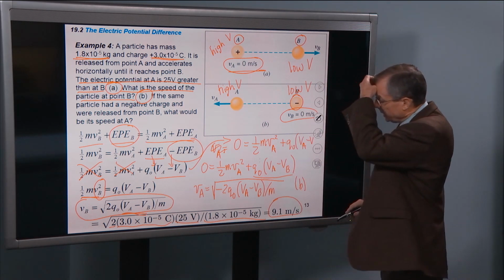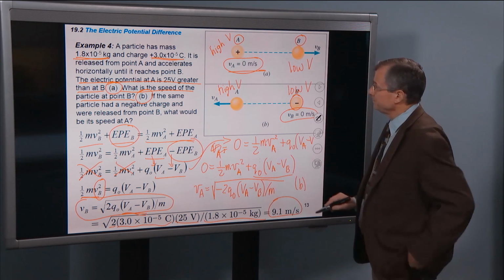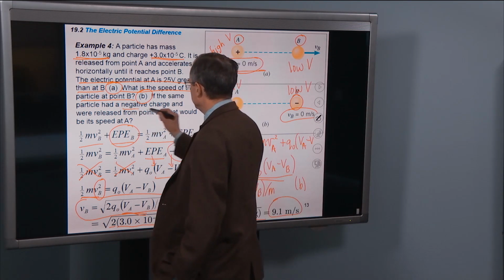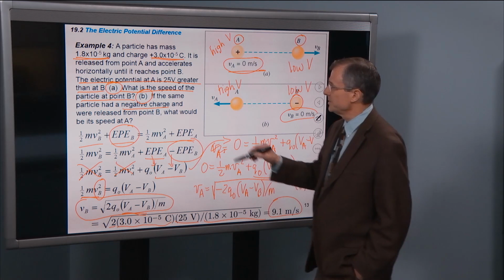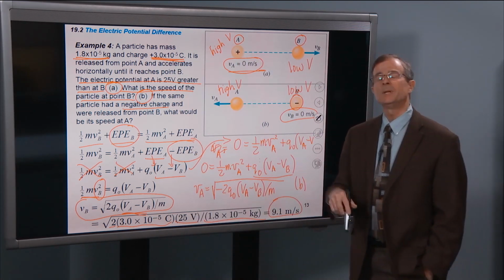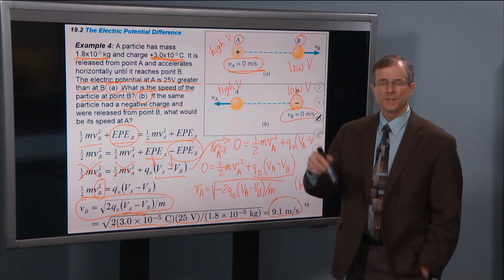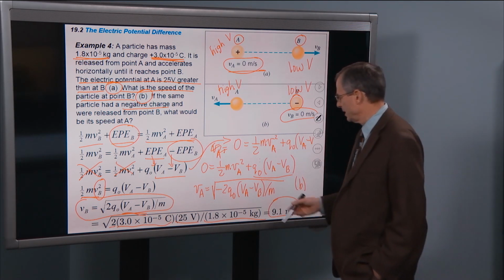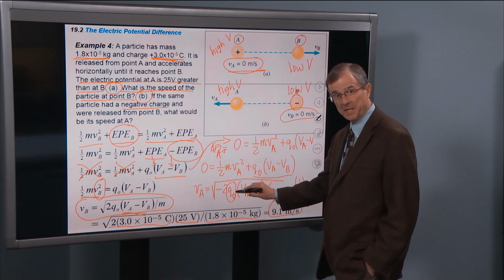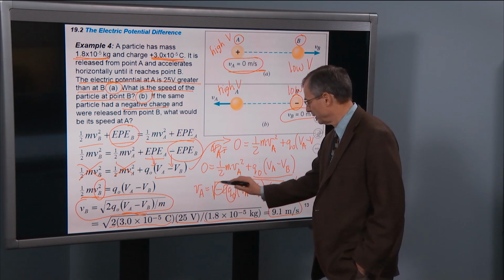All right, then plugging numbers in. We're told that the charge is negative. So instead of a positive charge of 3 times 10 to the minus 5th coulombs, we're going to put in a negative 3 times 10 to the minus 5th coulombs. That negative will go in here, and the negative sign from that negative number will kill that negative sign.